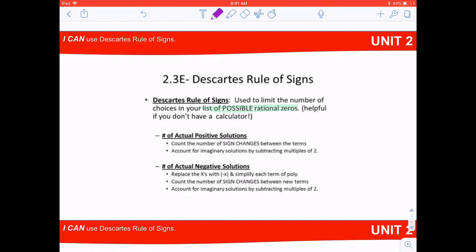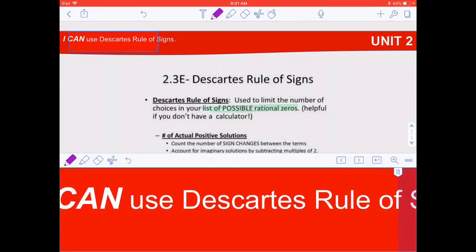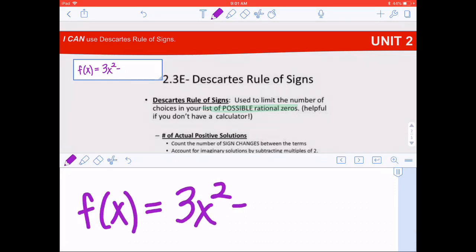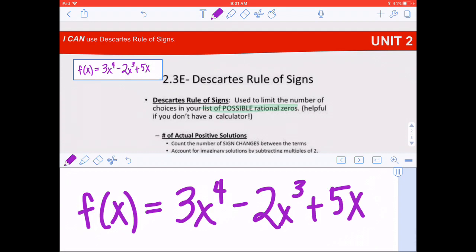So if we have a polynomial, let's say for example f of x is equal to 3x squared minus 2x plus 3. Actually, let's make this a little bit more interesting. Let's do 3x to the fourth minus 2x cubed plus 5x minus 3.